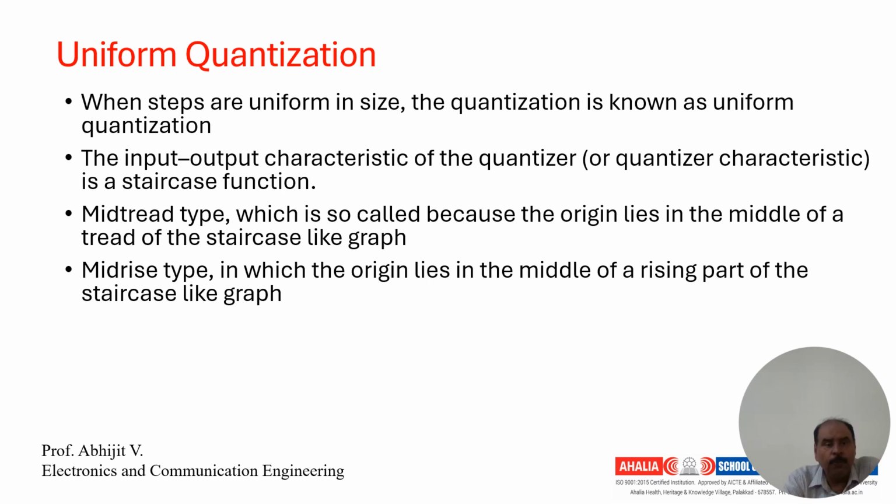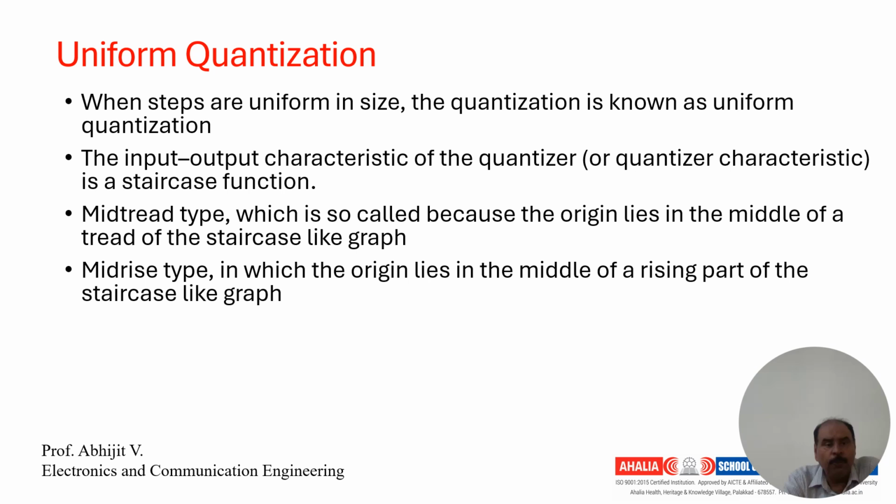With this assumption, from the previous slide, we are going to calculate the quantization error. The mean of the quantization error is 0. So the variance sigma Q square is equal to the integral from minus delta by 2 to delta by 2 of q square f_Q(q) dq.